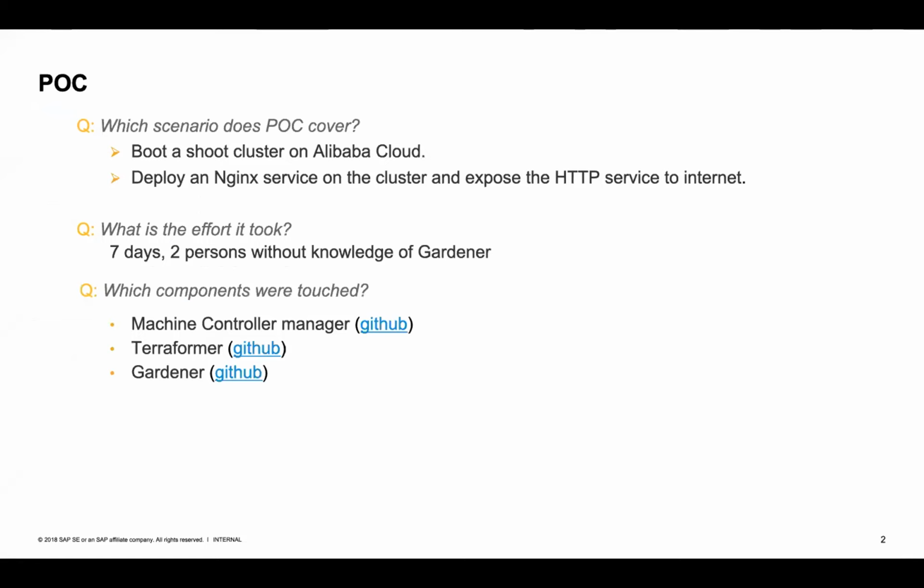The main mission of this POC is to put a Kubernetes cluster on Alibaba Cloud automatically, in the normal Gardener way: not from the dashboard, but just by applying a shoot resource YAML to the Garden cluster. After that, you could manipulate this cluster with kubectl on your computer.